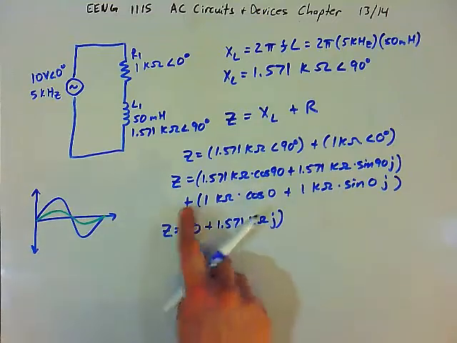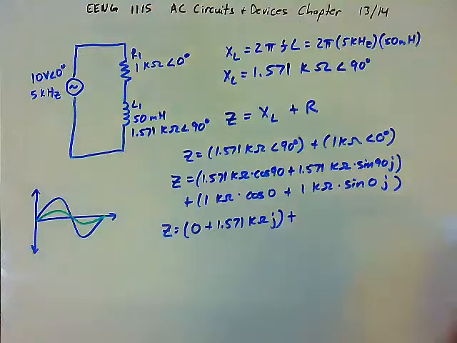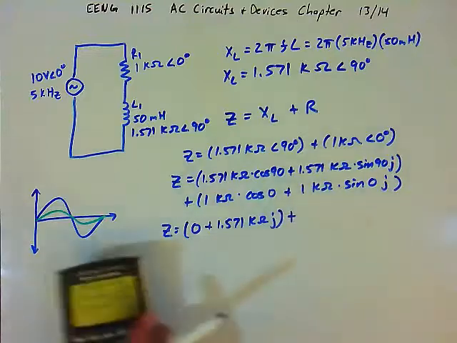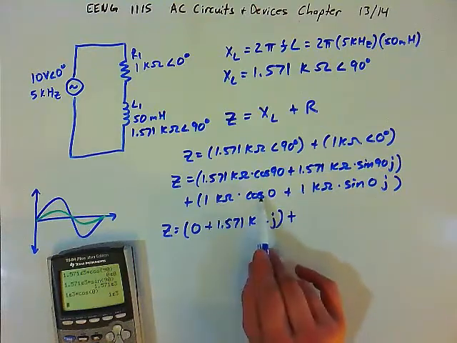And now we're adding in the resistance, and so again we'll have 1 kilo ohm times the cosine of 0, 1 EE3 times the cosine of 0, which is 1 E3, which is 1 kilo ohm, because the cosine of 0 is 1, and so we're just multiplying by 1 here.